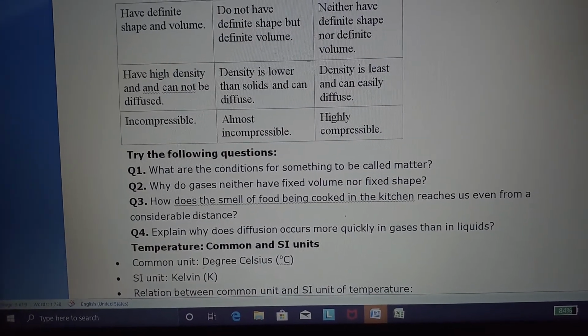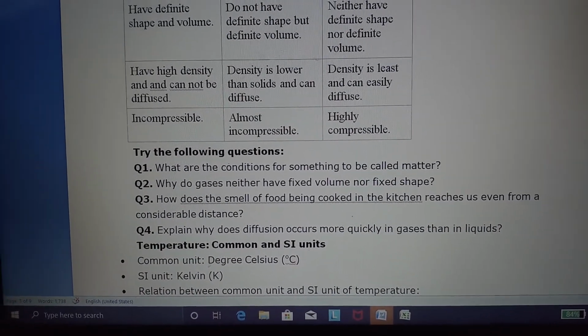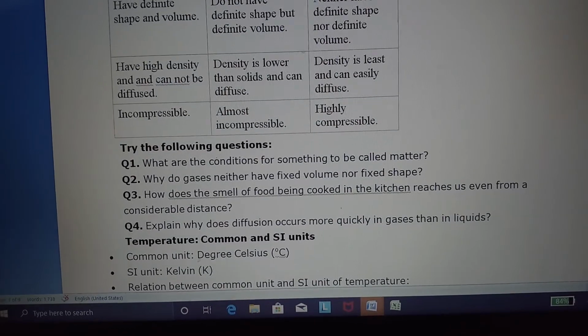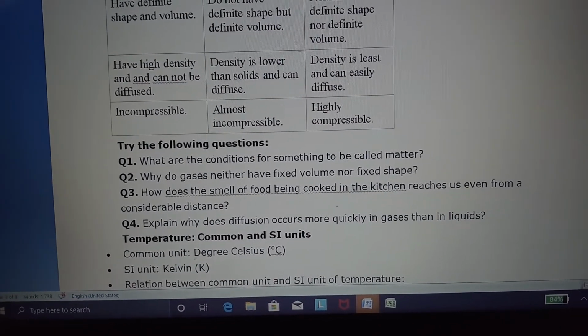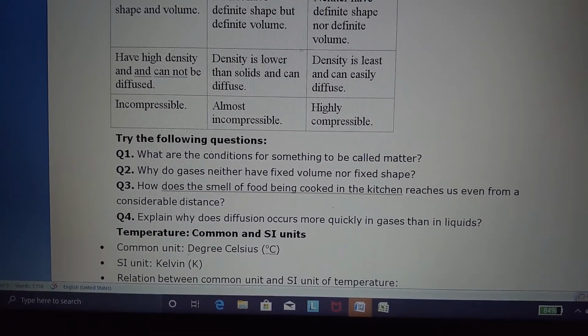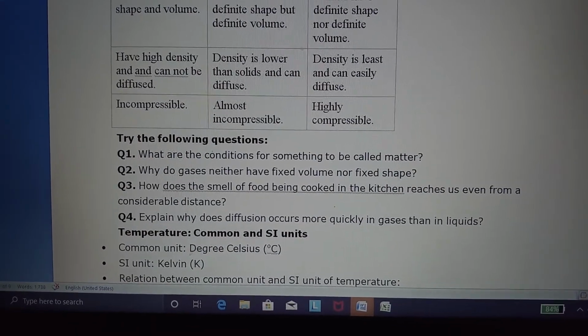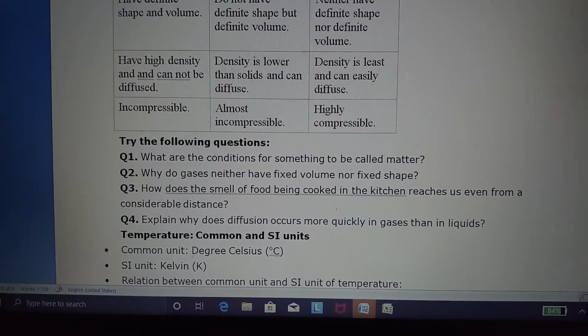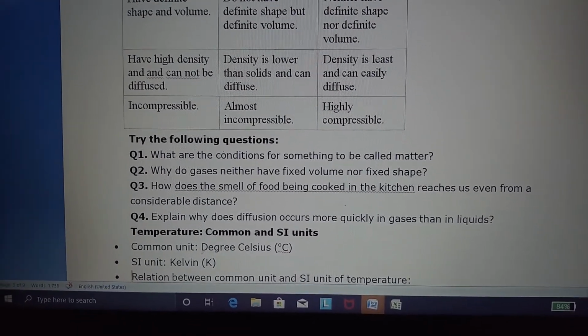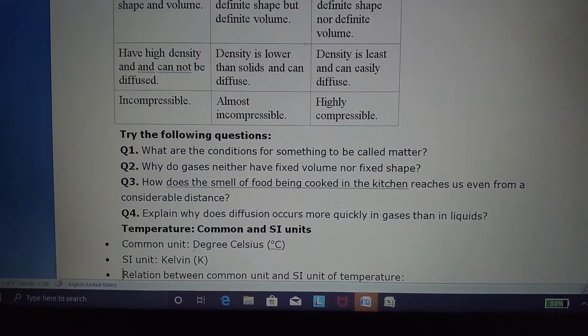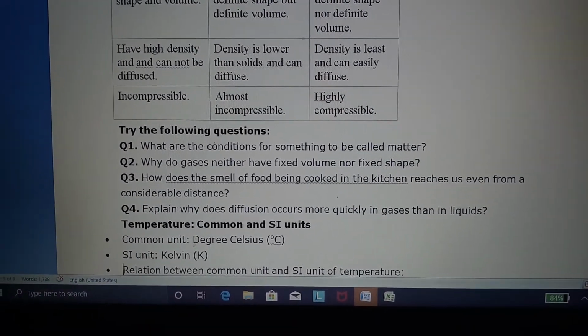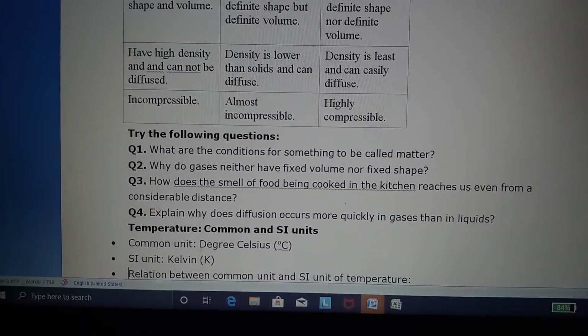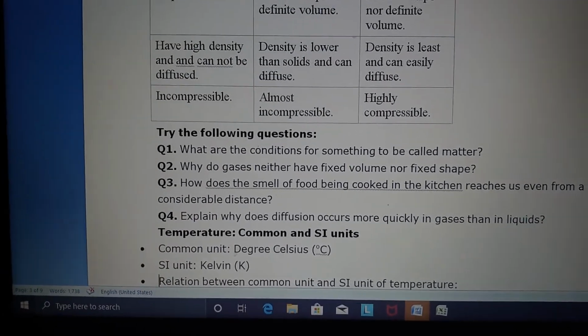And finally, explain why diffusion occurs more quickly in gases than in liquids. So these are the 4 different questions, and I would ask you to write them and show them to me at your convenient time.